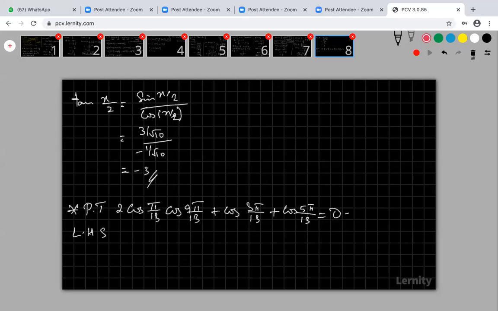What is the formula for 2 cos A cos B? Identity number 21. 2 cos A cos B, what is the formula?